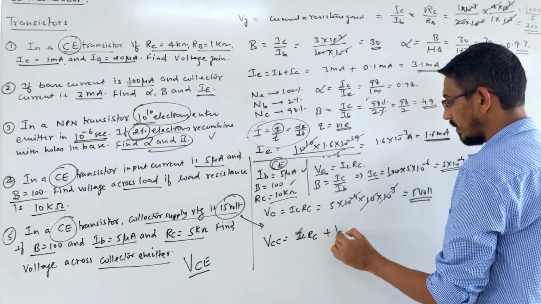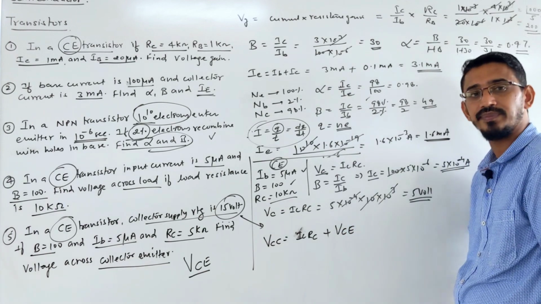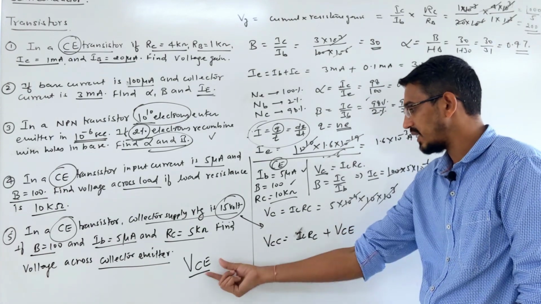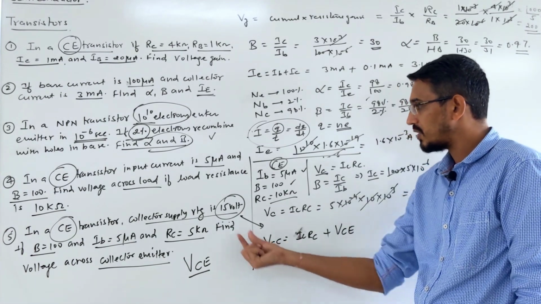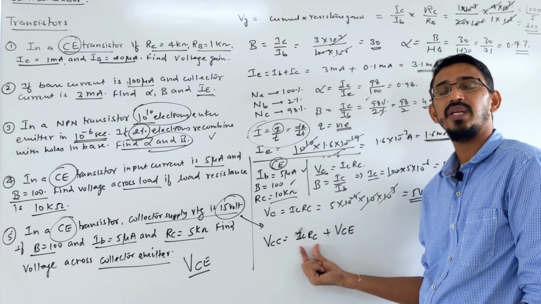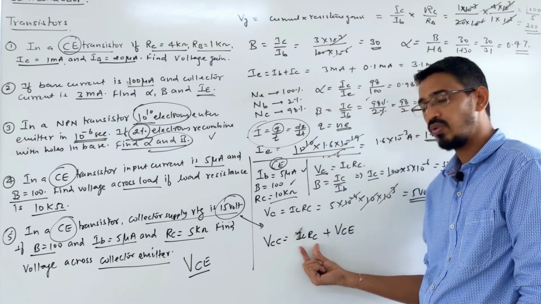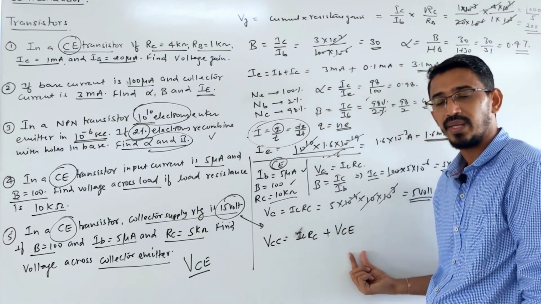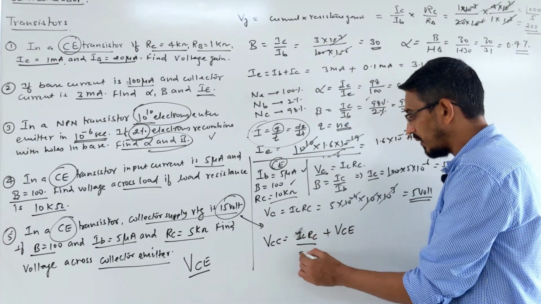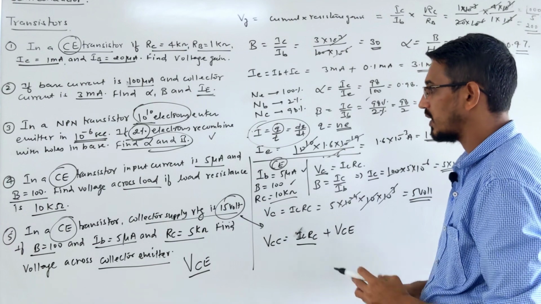They are asking us to find VCE. We need VCC, which is the battery, given as 15 volt. We also need ICRC, which is the output voltage, not the junction voltage. This is called the output voltage VC, which we have to find. So let's find VC.